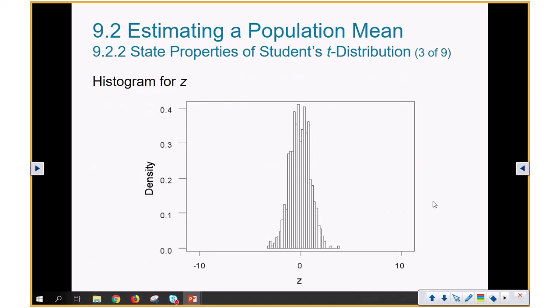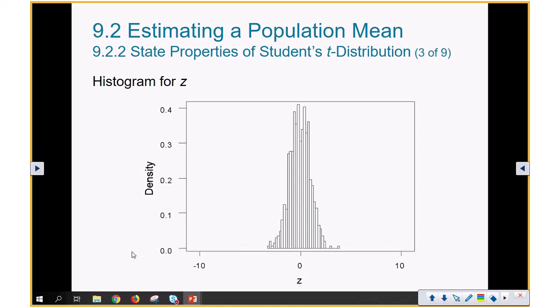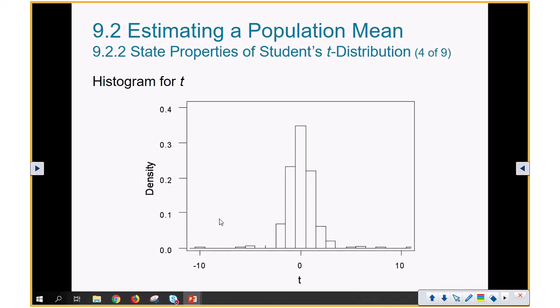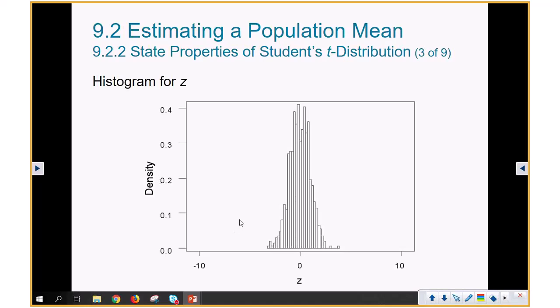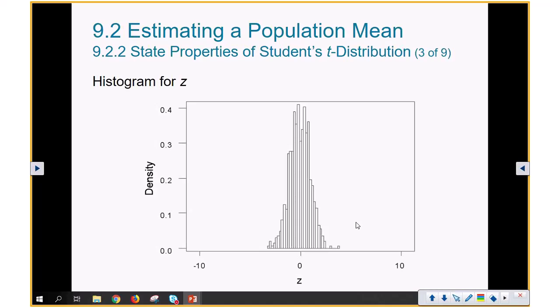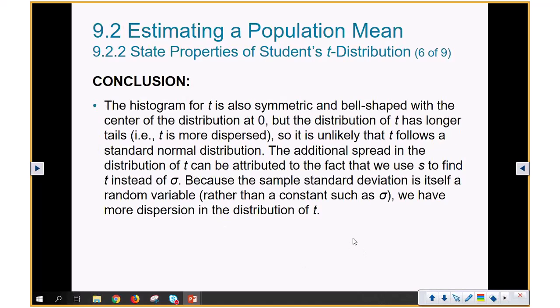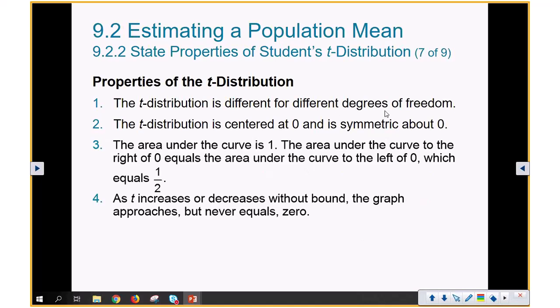I'm not going to worry about the histogram. That's for Z, and that's for T. So is there much difference between Z and T? There's not much difference because you still see what? A normal what? You still see a normal curve. You see a bell-shaped curve. The T distribution is different for different degrees of freedom.